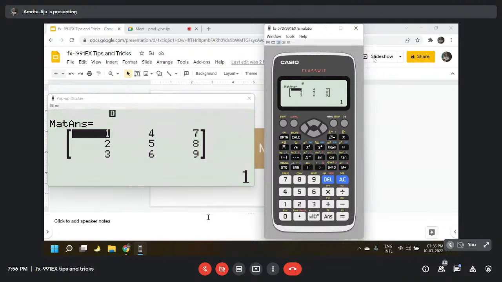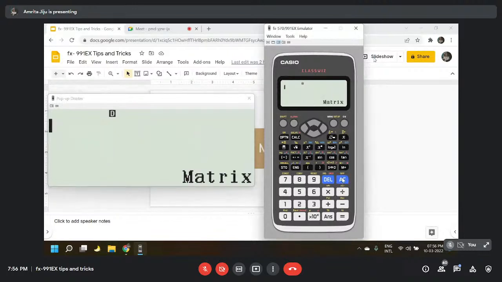Actually, I'm getting the answer here. I just don't know what happened there. Maybe it's an emulator error. Actually, its determinant is 0. That's why you are not getting the inverse of the matrix.